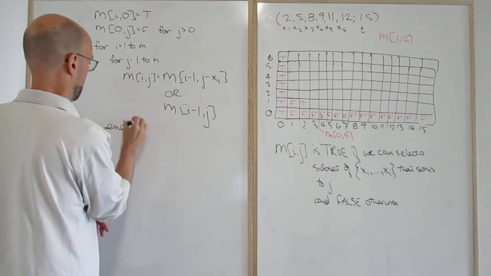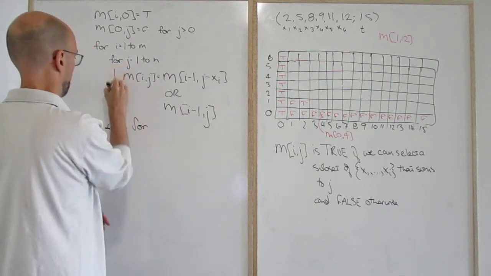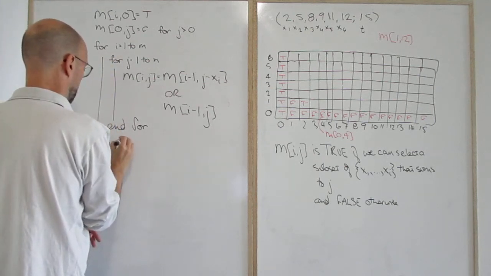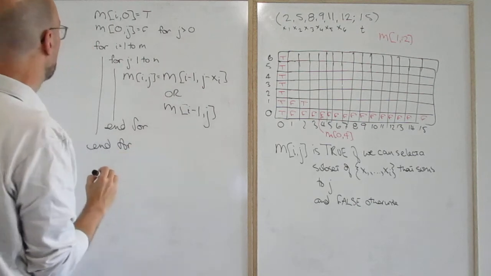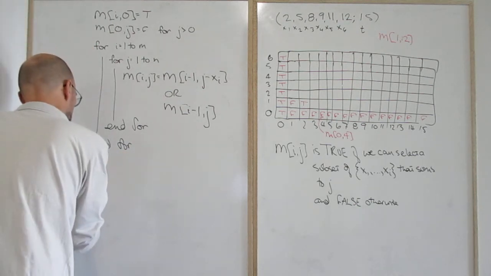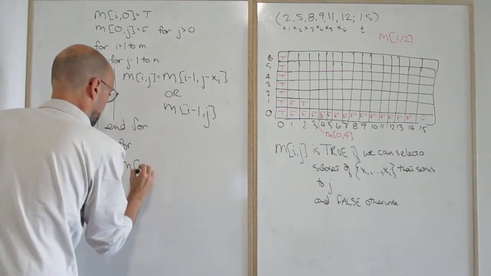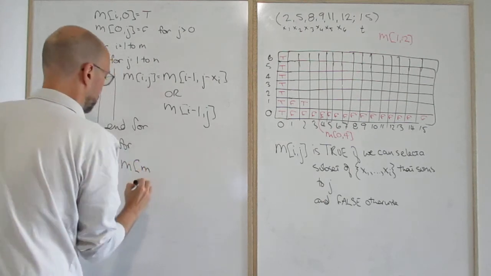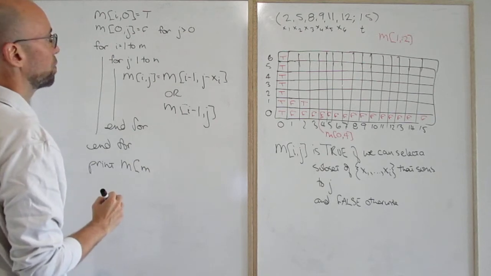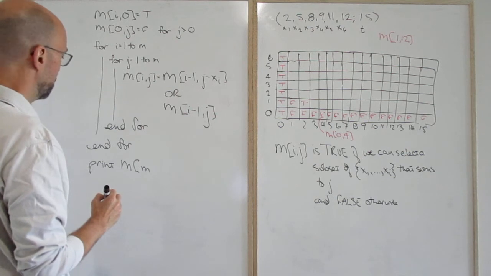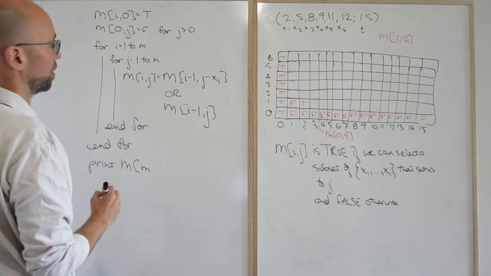So that's the loop. Oops, I'm using big M as my matrix and little m as my array.